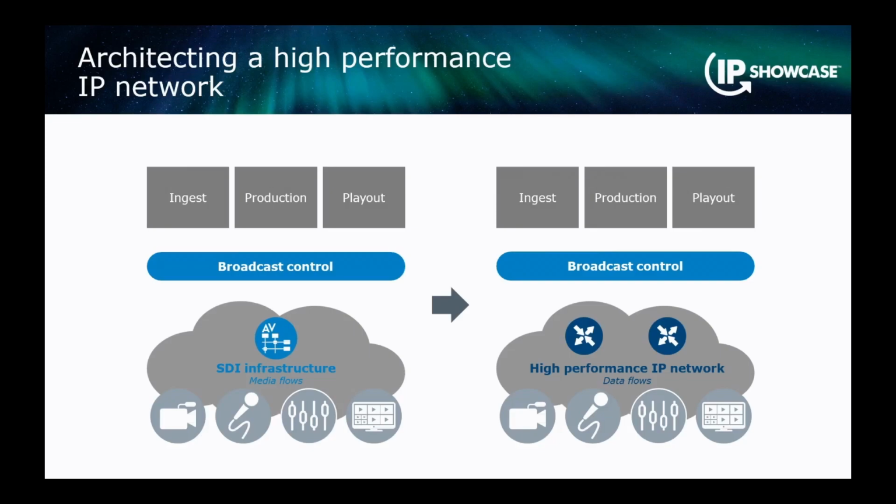Now, I put here a high-performance IP network. We hear this all the time: I need a high-performance IP network. So what is that? It depends, again, on what you're measuring on. What are your measurement points for high performance? And that is, of course, dependent on the application that you're putting on top.